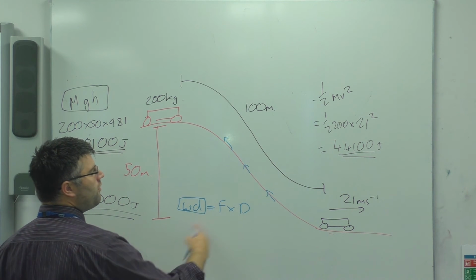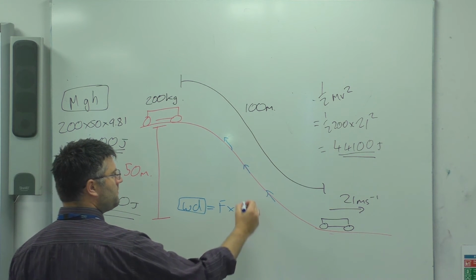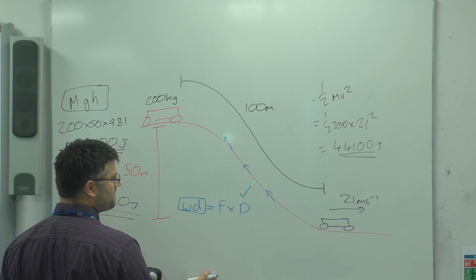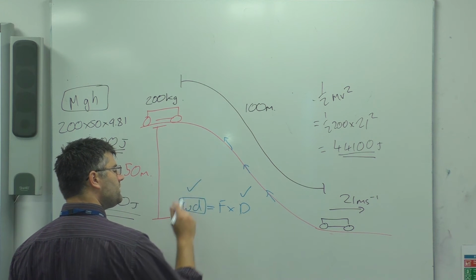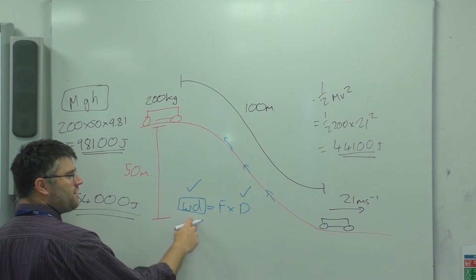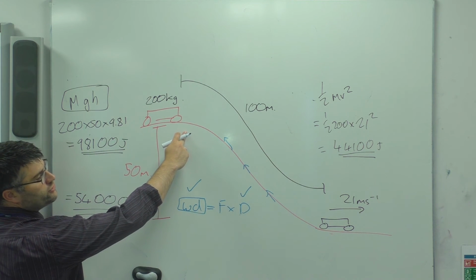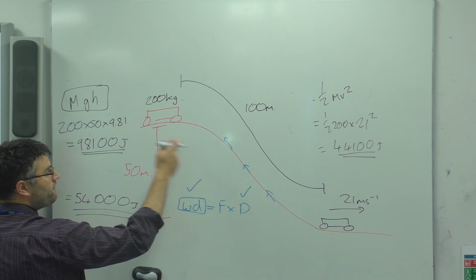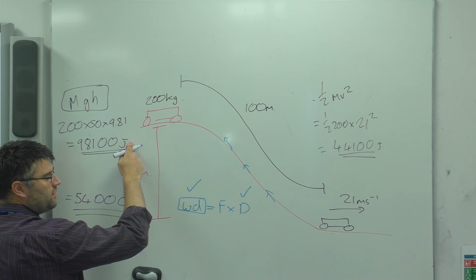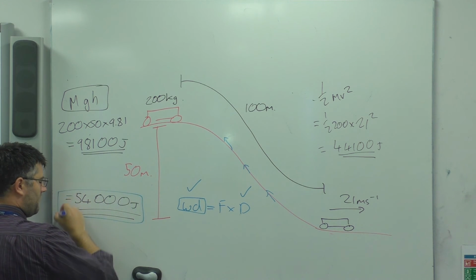So, what do we know about this? Well, we know that the distance is 100 metres. We know that the work done is the discrepancy energy that's put in to reduce the kinetic energy from what it should have been. And it's that amount right there.